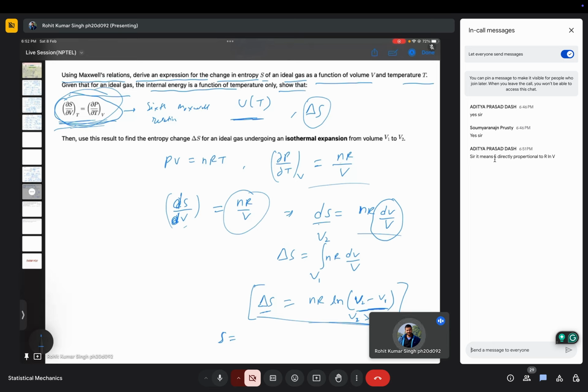You cannot have an expression for entropy like this. You can always measure the change in entropy. Okay, so only the change in entropy that we can write here like this. It doesn't mean that S is R, L and V. It is not true.